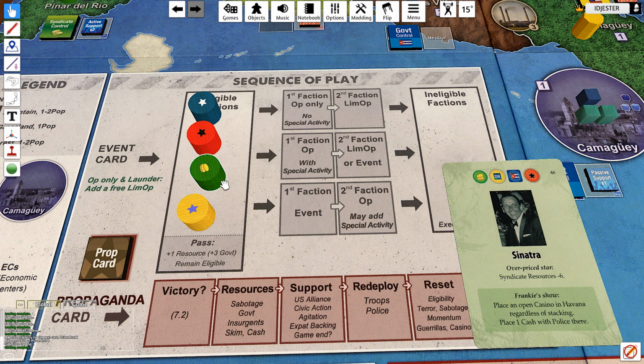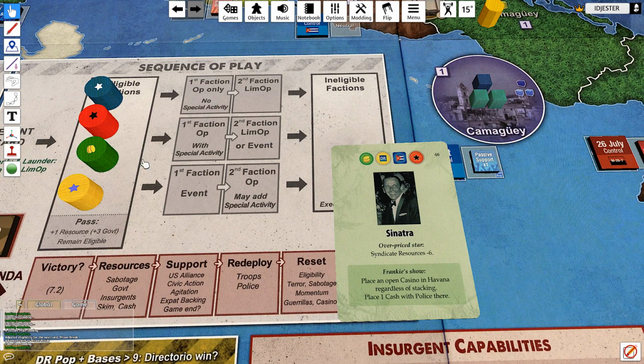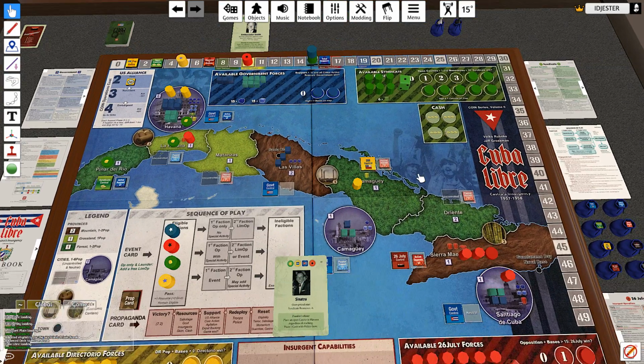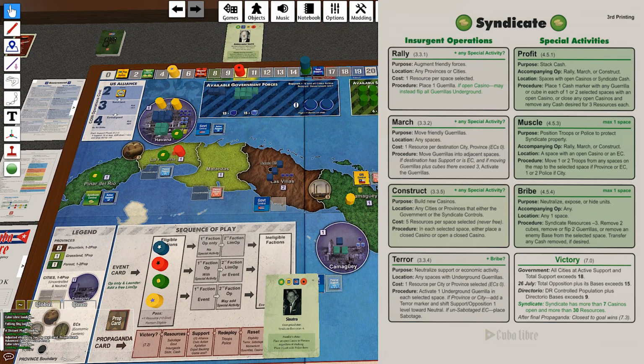All right. So in most cases, what you do is you look at the card, you look at the active player, and you look at the event. In this case, it says, place an open casino in Havana, regardless of stacking. Place 1 cash with police there. So remember, if we remember from looking at the victory conditions, the green player is the Syndicate.